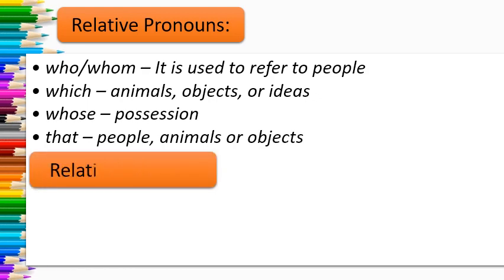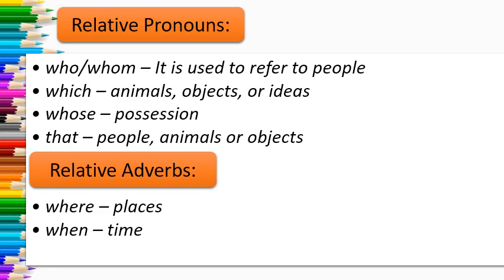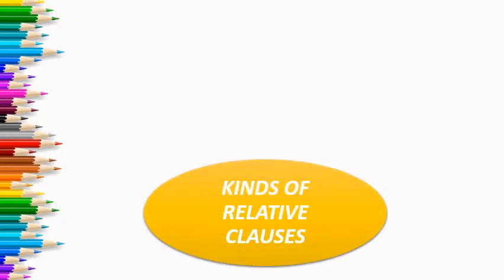Now there are some relative adverbs also which join the principal clause with the subordinate clause. These are: where is used for places, when is used for time, and why is used for reason. So now let's see how many kinds of relative clauses there are.